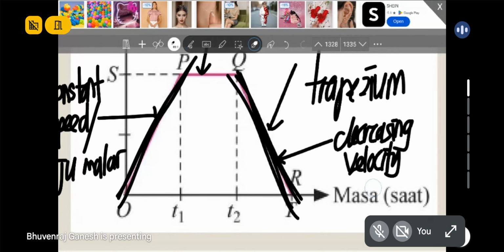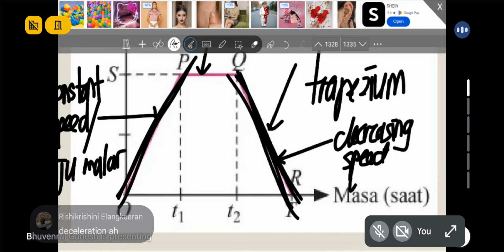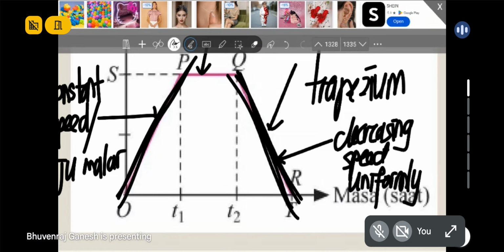Not velocity, I must say speed: decreasing speed uniformly. Not deceleration. You cannot say deceleration because the speed here is constant, right?